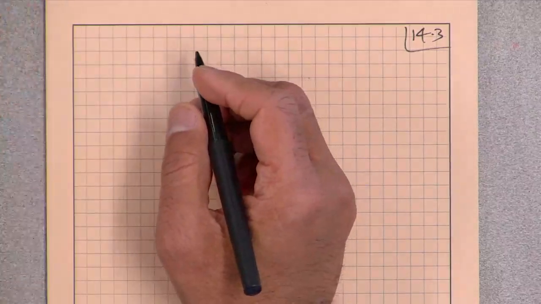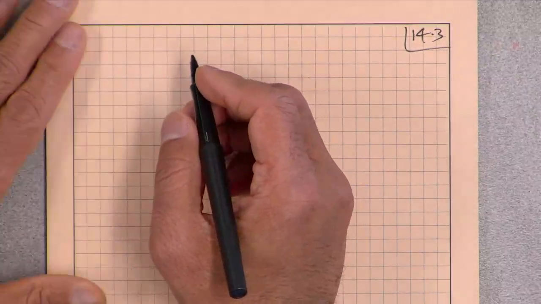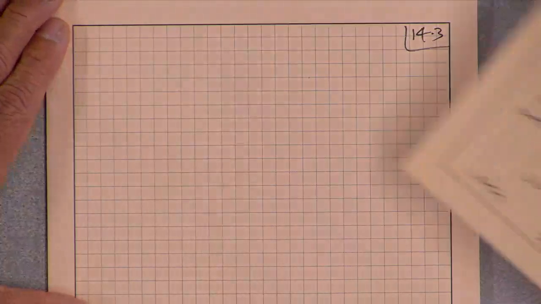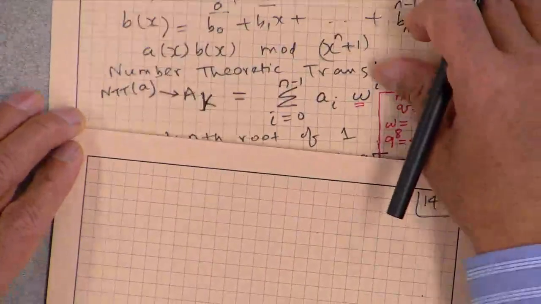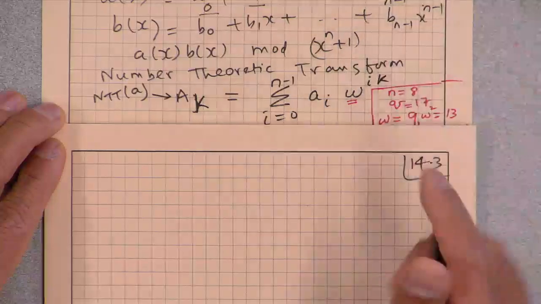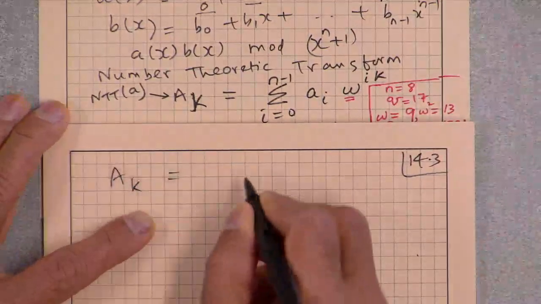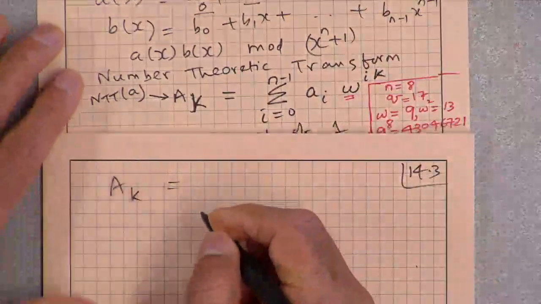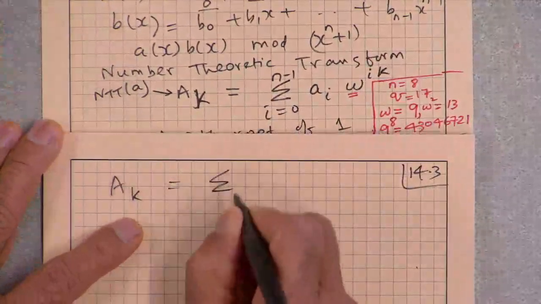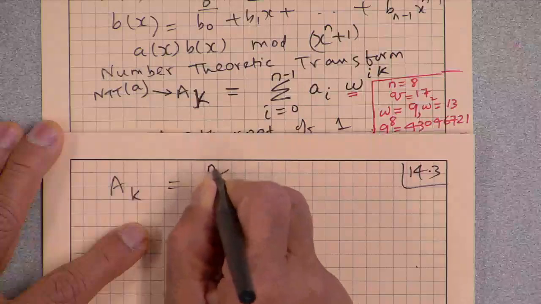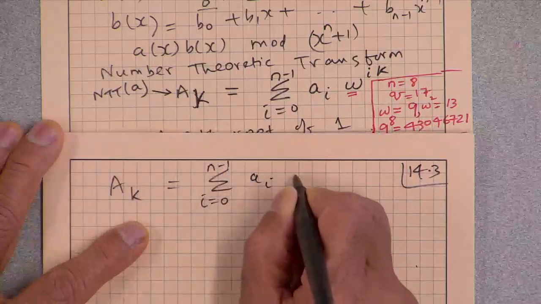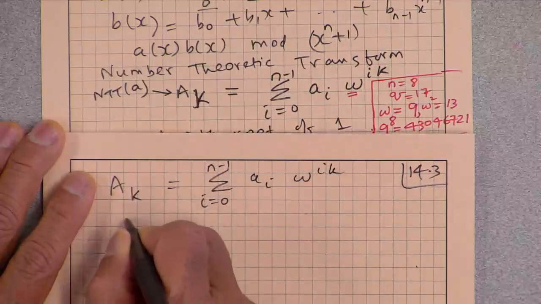So if I compute AK times BK, AK is equal to the sum over i equal to 0 to n minus 1 of a_i w to the power ik.